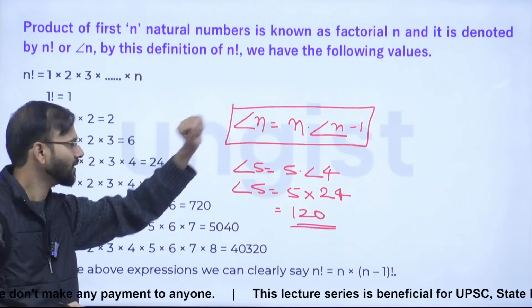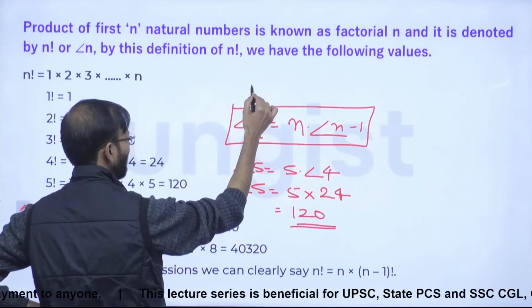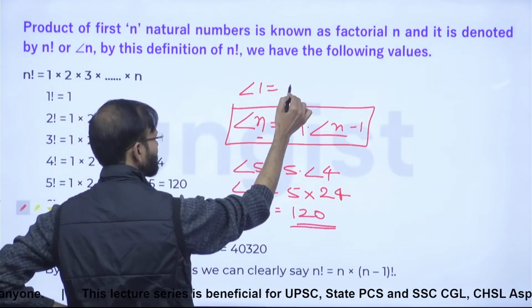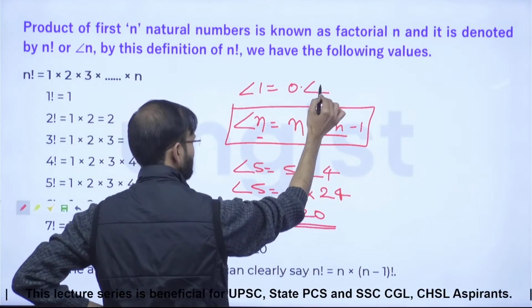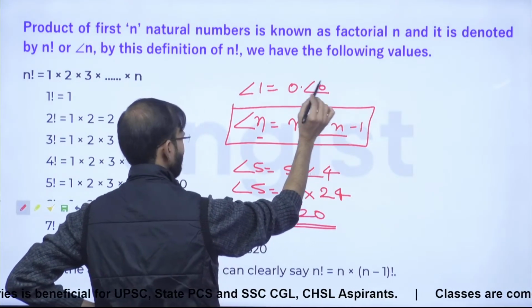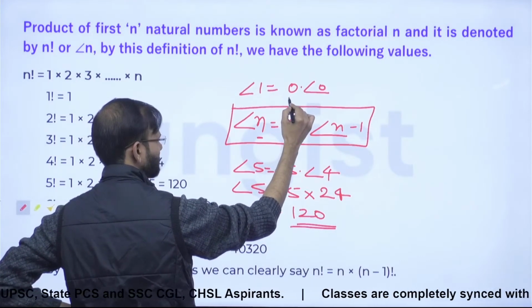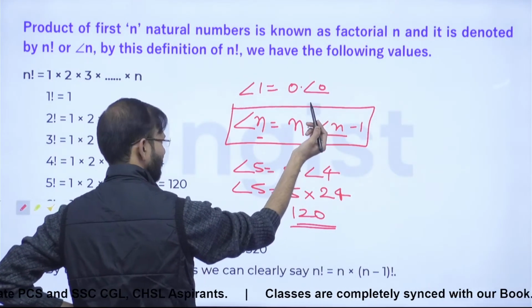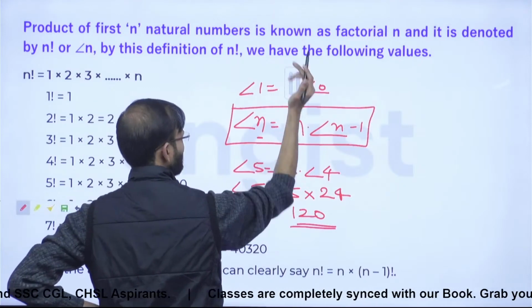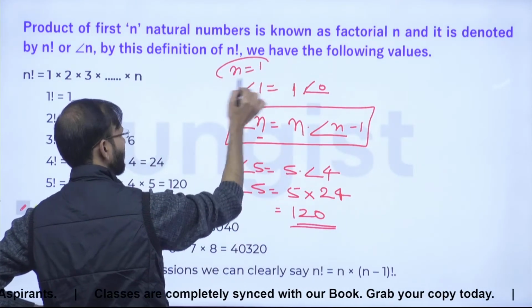Guys, it is clear? And if you put n is equal to 1, so factorial 1 is equal to 1 into 0 factorial. I'm sorry guys, I'm putting n is equal to 1, right?